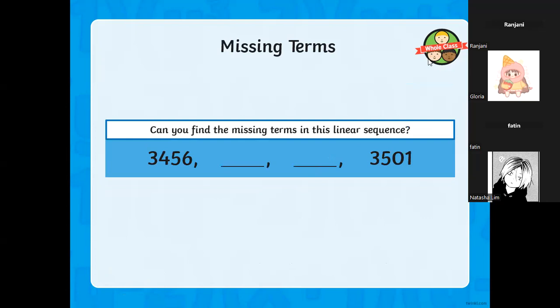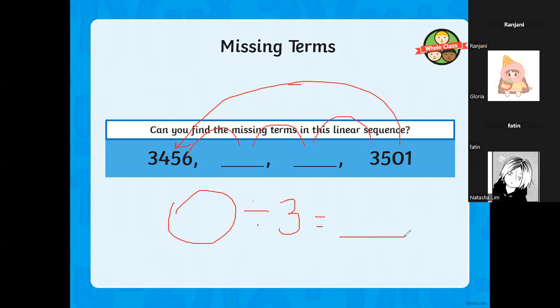Use your calculator. Press this minus this. How much? And then divide that by the number of jumps: 1 jump, 2 jumps, 3 jumps. So divide by 3, and you will know how much per jump. You should all get the same answer because that's maths. It's not English essay writing, where everybody writes differently and gets different marks.